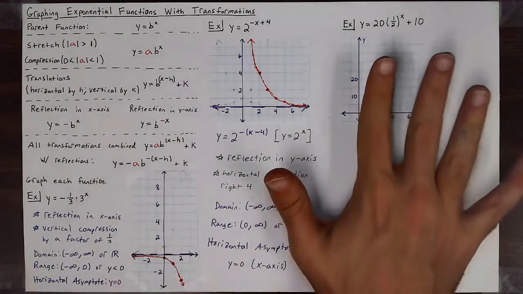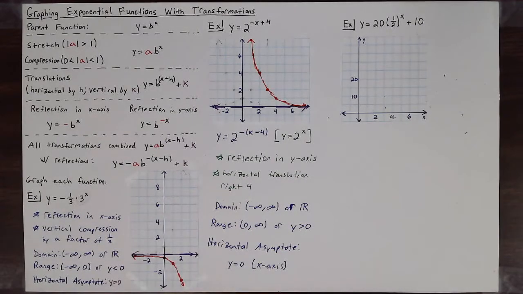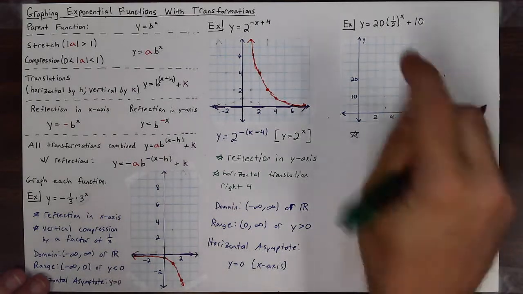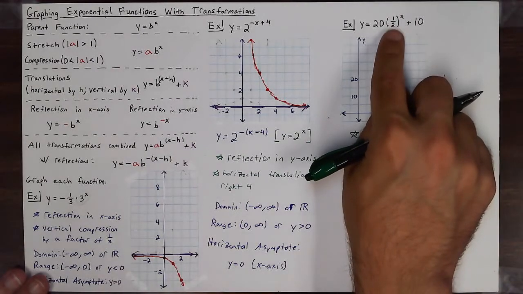Now let's look at this last example. I can already tell here that I'm going to have two transformations taking place. This is a graph of exponential decay, because 1/2 is less than 1.